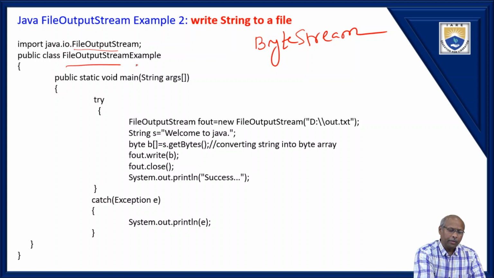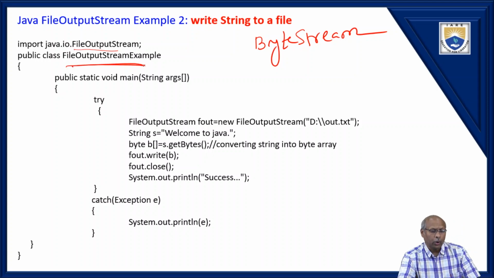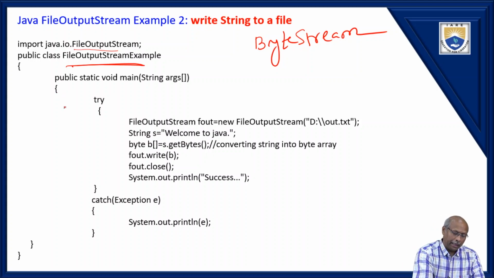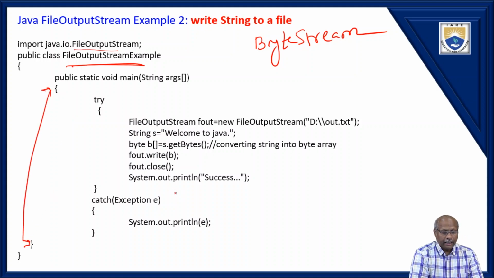Then write your own name. This is my name, FileOutputStreamExample. Of course, you can give any name. And write the main method. My main method starts here and ends here. After that, whenever you are writing any IO programs, input and output related programs, always write in a try block, and at the bottom, write catch.